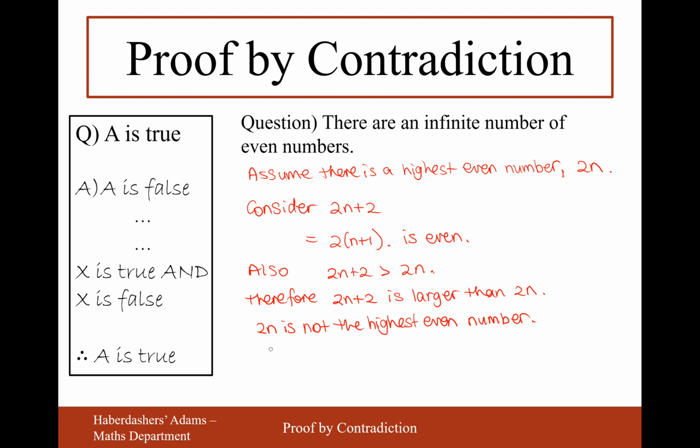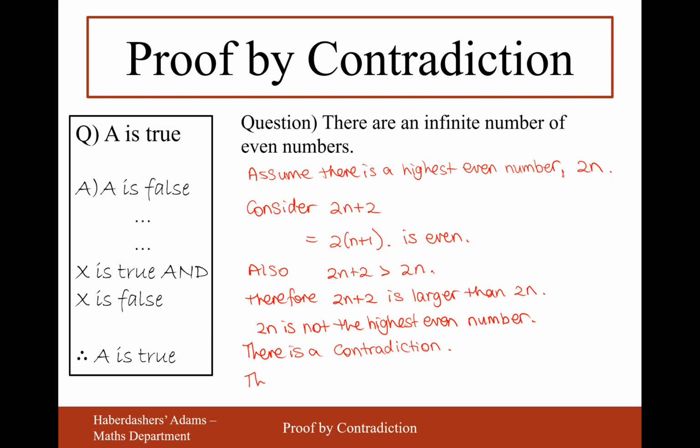Okay, so there we are. So therefore we have a contradiction. We have 2n is not the highest number and 2n is the highest number, which is a contradiction. And so therefore the assumption that we used to get to this contradiction must be false, double negative, so therefore the original statement must be the correct statement.